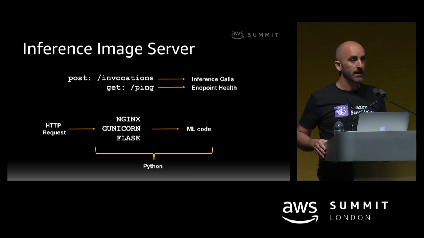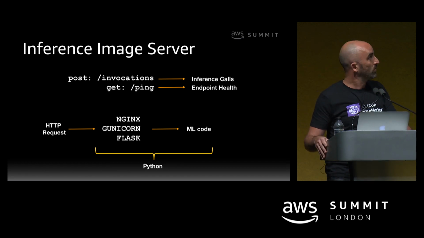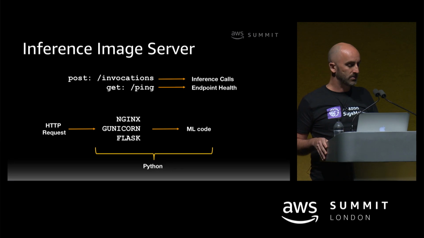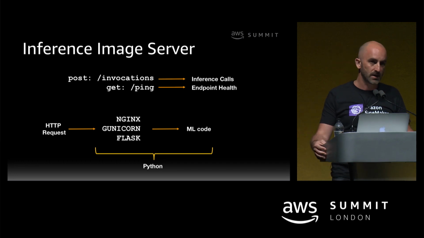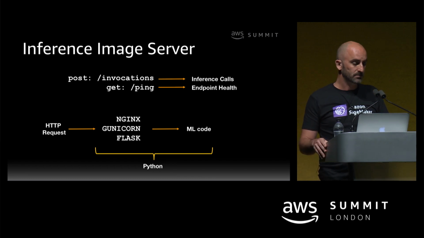In our example, we are doing image classification, so the actual data will be the raw image. The JPEG image itself will get posted to that endpoint in an HTTP POST request. If you're doing things like structured data, it could be a CSV file or a JSON file. And what we're going to get back is a JSON file giving the class of what it's predicting the image to be and a confidence score.